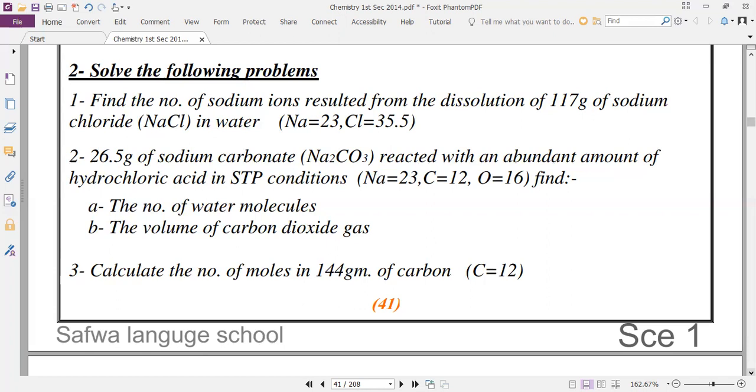Okay. I wrote it. Okay. NaCl plus H2O plus CO2.